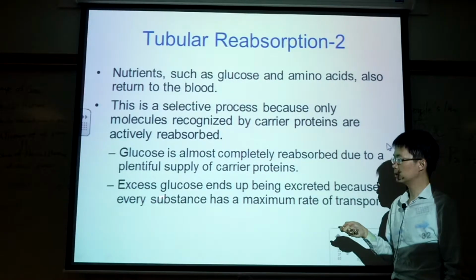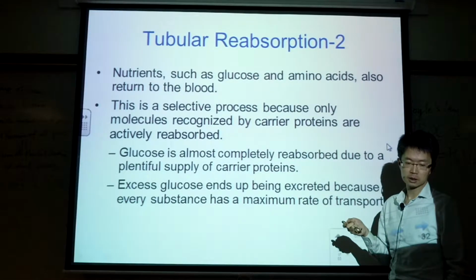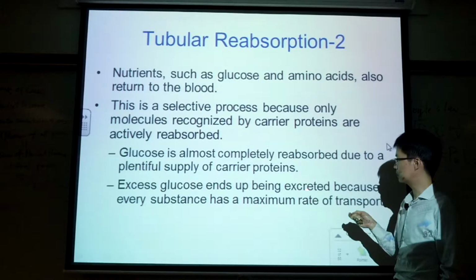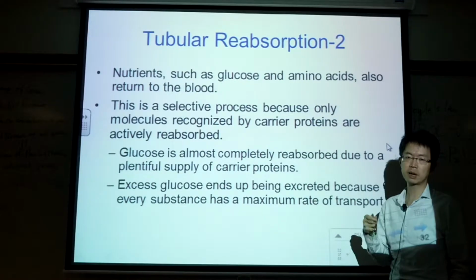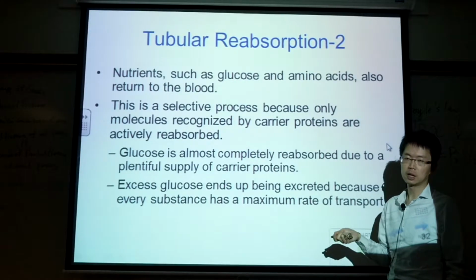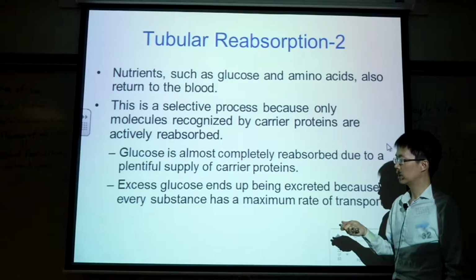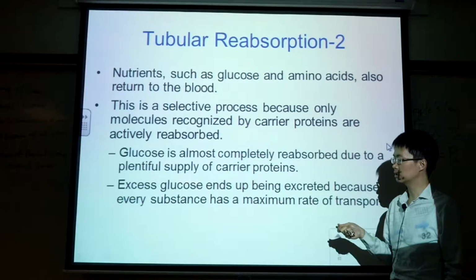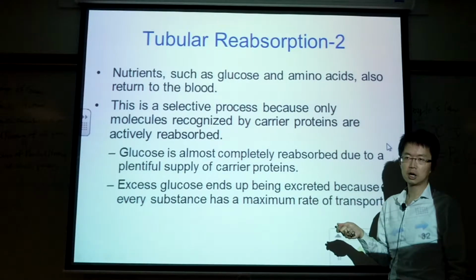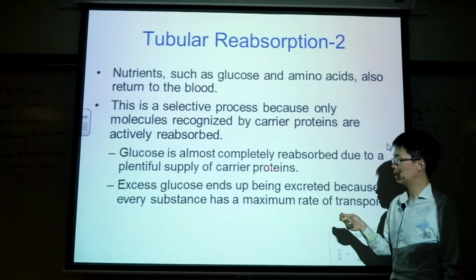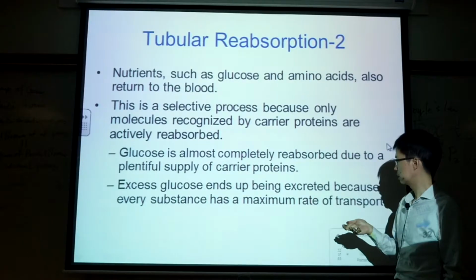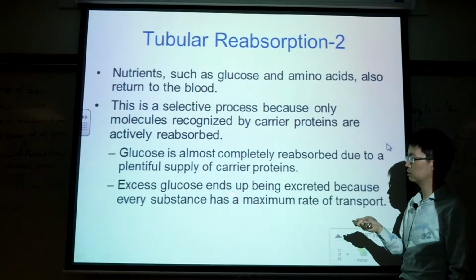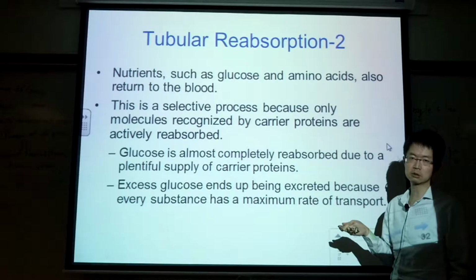If you have too much glucose in your blood, then it will be excreted because all the carrier proteins will be at the maximum capacity of absorbing the glucose. If you still have more glucose in the kidney tubule, then the carrier protein cannot absorb the excess glucose. In this case, you have no choice but to excrete the glucose.